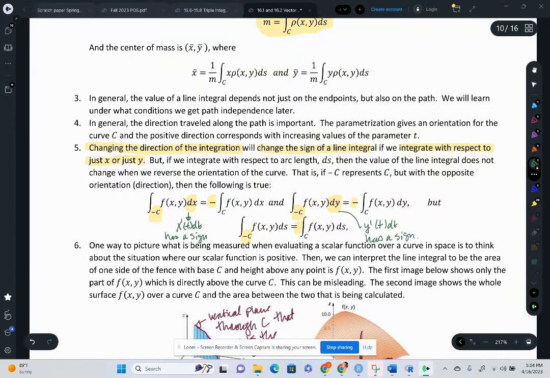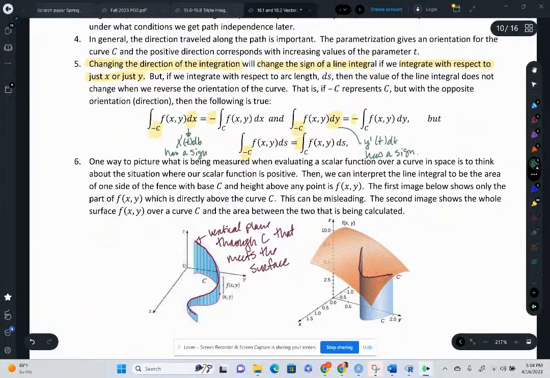All right, one way to picture what is being measured, I already talked about this at the very beginning in the last video, is that what we are integrating is a surface, but it is a surface only along a curve, not over all the xy values underneath the surface, only the xy values that are on the curve.